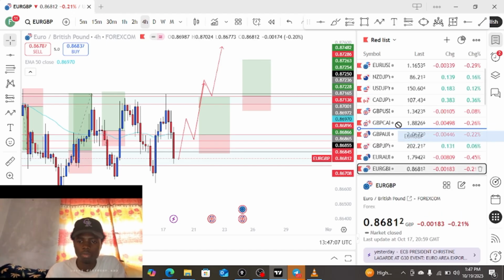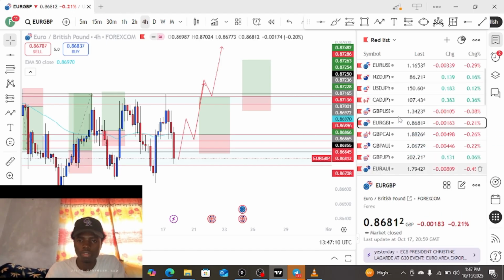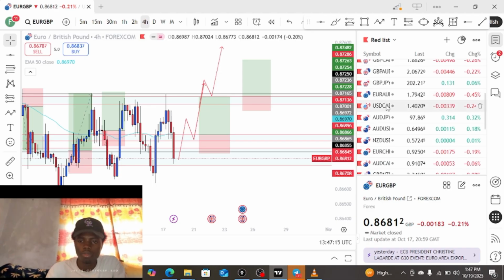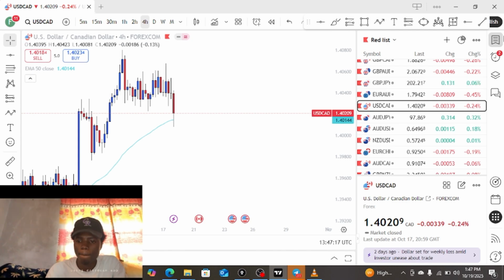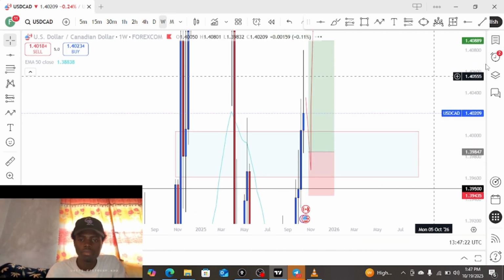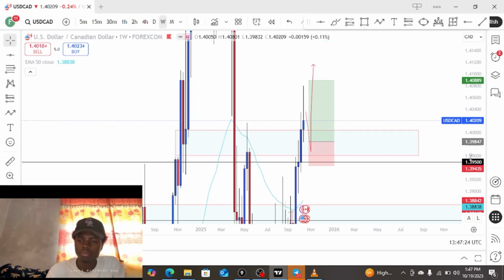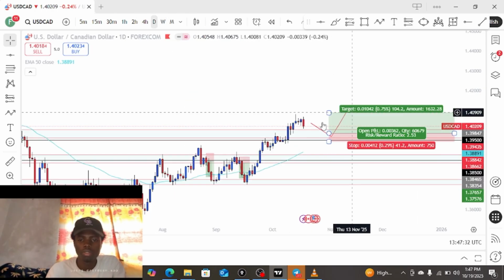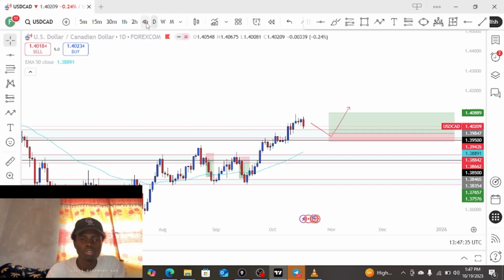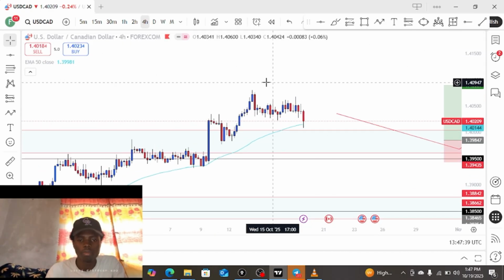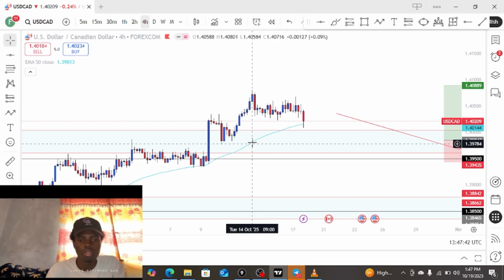So Euro GBP, under the GBP USD card. High low, weekly bullish, daily bullish. 4 hours also giving me bullish, high low.